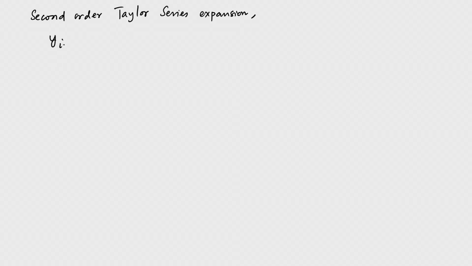So, this is the second order Taylor series expansion. It is like y I plus 1 is equal to y I plus y I prime h plus y I double prime by 2 factorial h square.